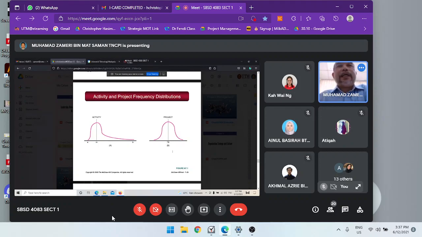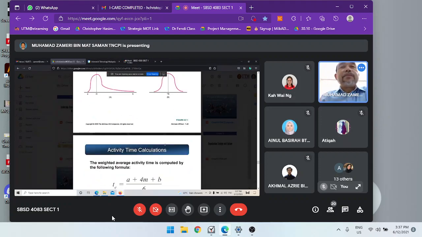You see figure B here. So this is the difference between CPM, critical path method, that I already taught you in chapter 6, and PERT in chapter 7. Why did they introduce PERT? Because we have a risk. In order to overcome the risk, this is the technique for managing if we don't want any risk in our project.